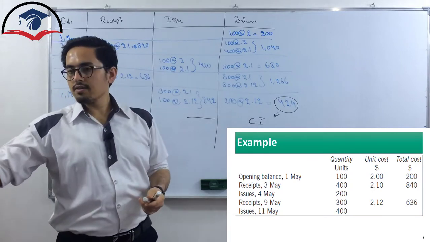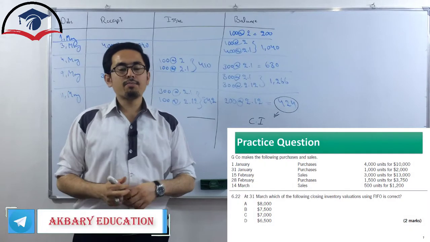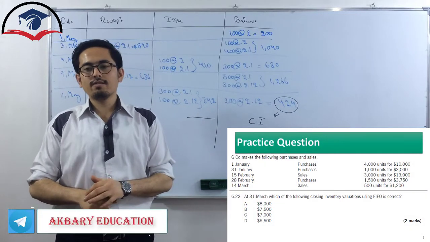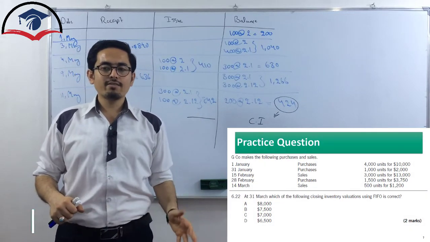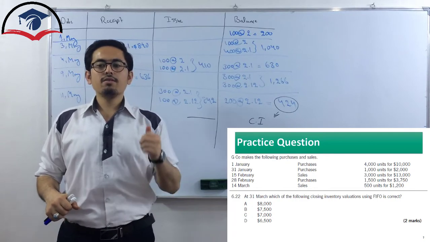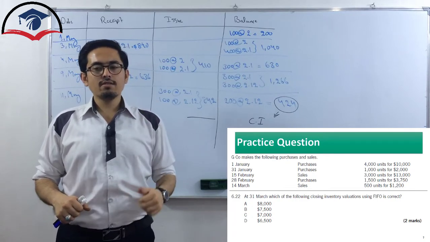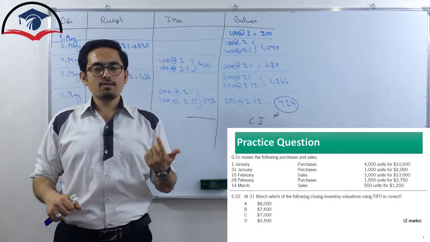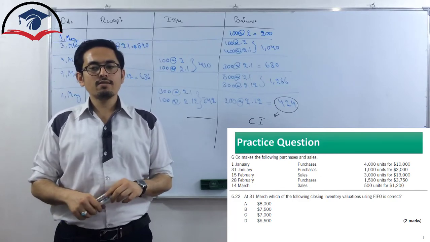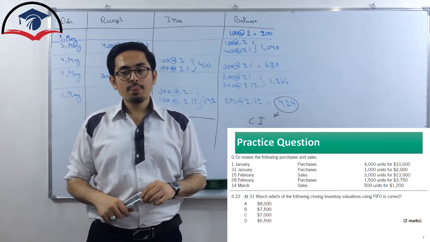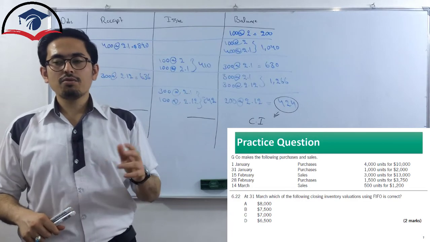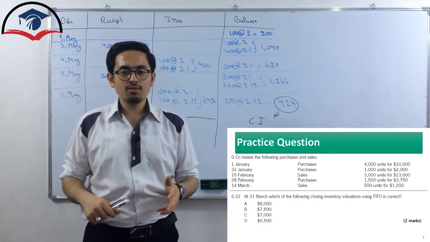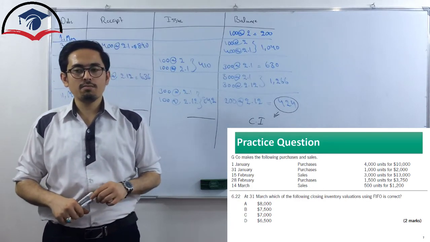Let's go ahead. We have the practice question. The practice question says that GCO makes the following purchases and sales. There are 3 purchases at the 1st January, 31st January, and 28th February. And there are 2 issues for 3,500 units at 15 February and 14 March.